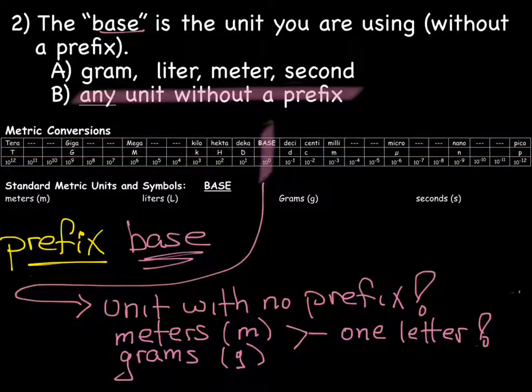So some prefixes here. We have tera, which is symbolized by a capital T. Over here we have milli, which is symbolized by a small m. We have nano, which is symbolized by a small n. Those are the prefixes, and they would be written before the base word or symbol.